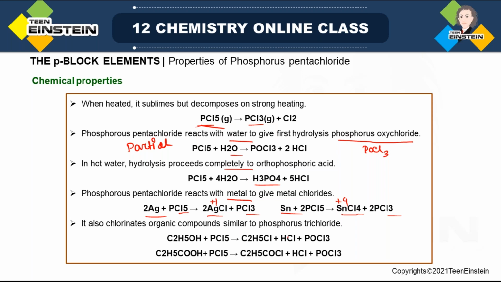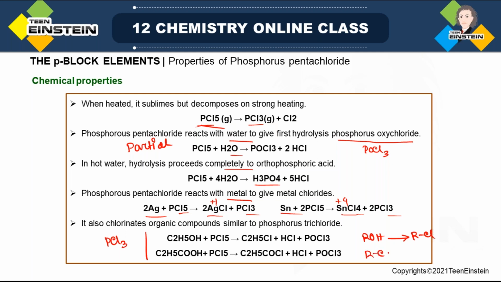And this is the next reaction that you are seeing here. This type of reaction you have already seen in the case of PCl3. In the last class also we saw how when you take any alcohol like ROH, in presence of PCl3 it is converted to RCl.